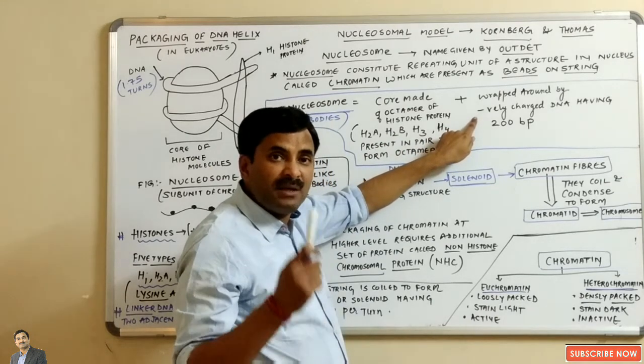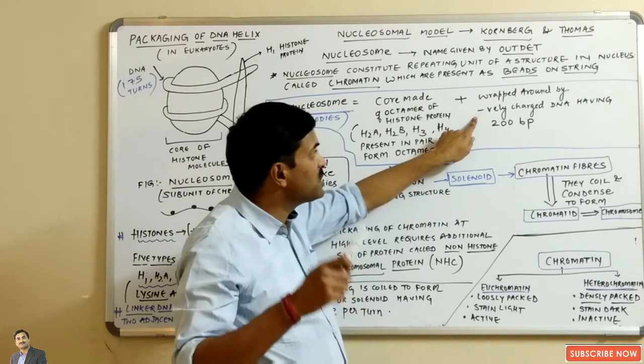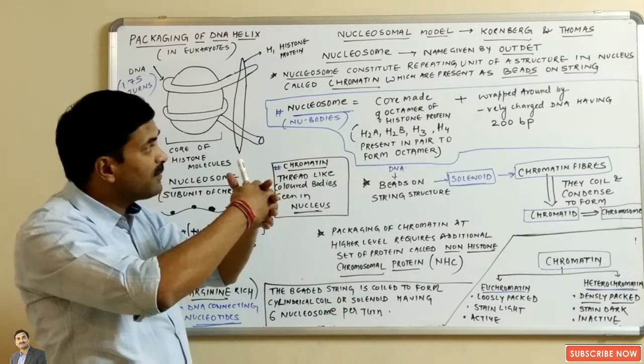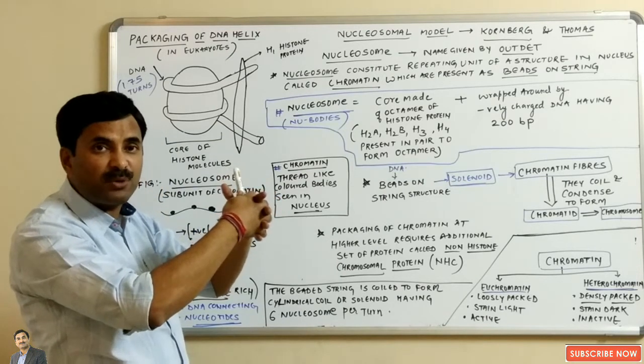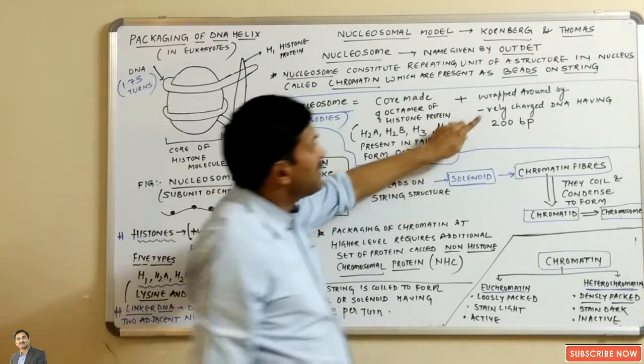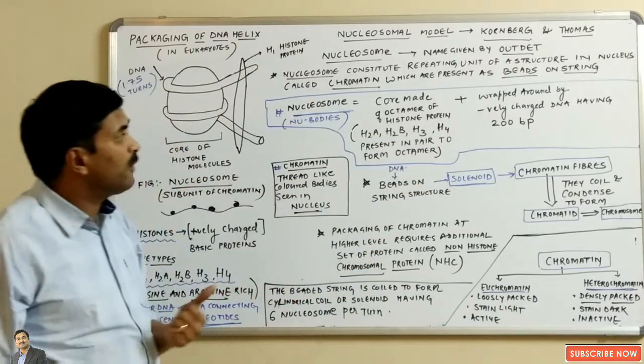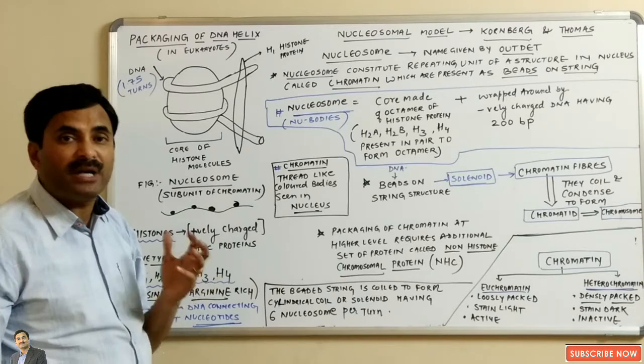So what will happen? The negatively charged DNA will be attracted towards the positively charged histone proteins. Okay, right? And the DNA which is wrapped around the core of histone protein has 200 base pairs.